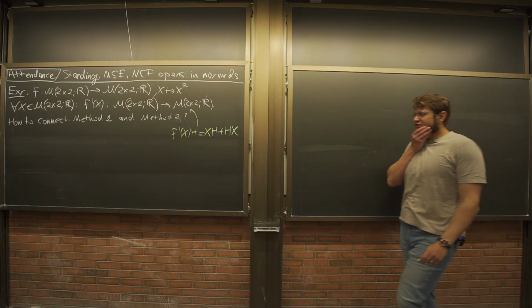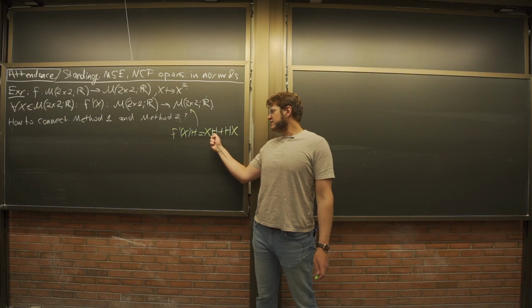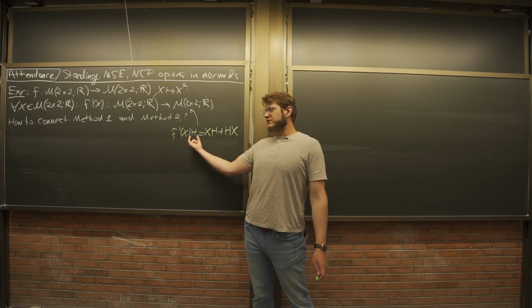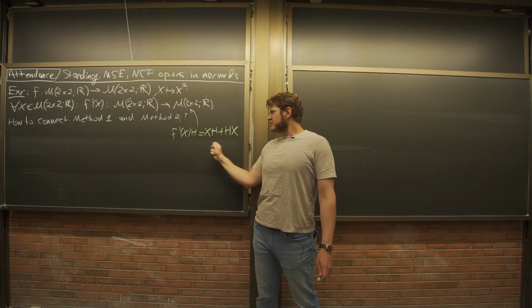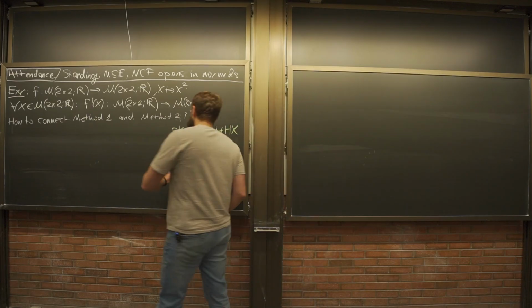So I'm saying that this right-hand side is an expression that is linear in H. If I were to take two small matrices, or infinitesimal matrices, add them up, and apply this expression, that would be a linear function.